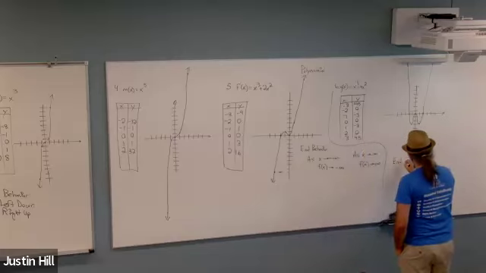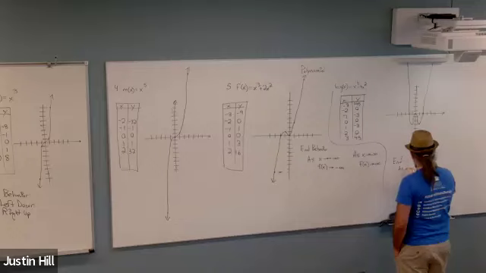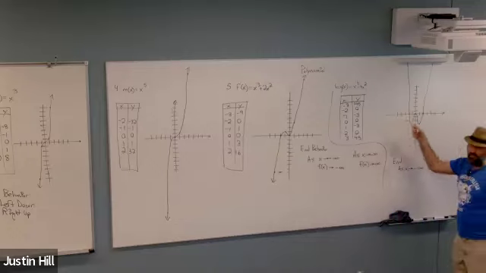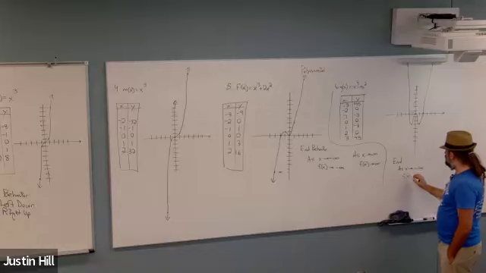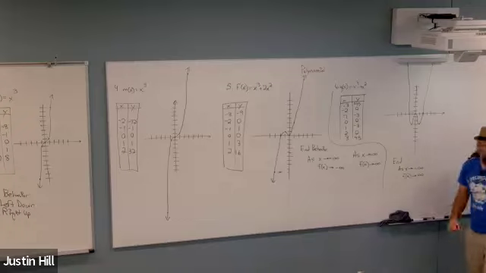So on the end behavior here, as x approaches -infinity, so we go left, how would you write the rest of that out? Yeah, goes to positive.